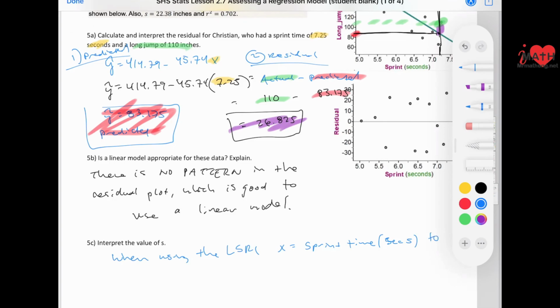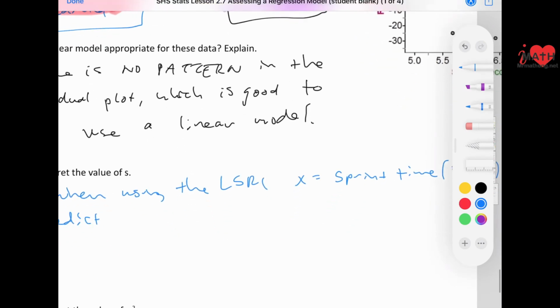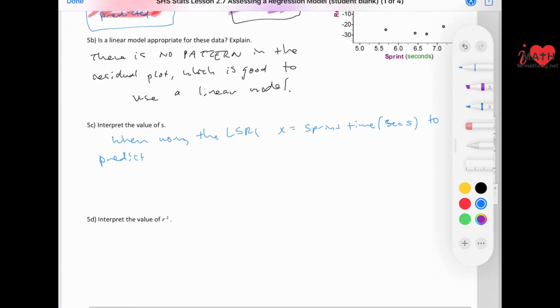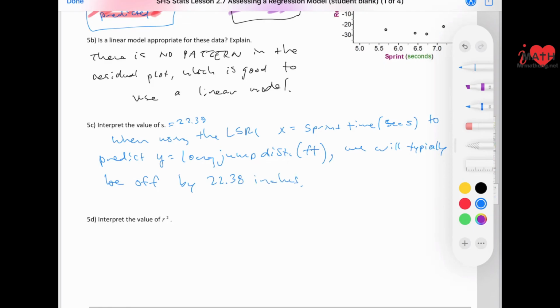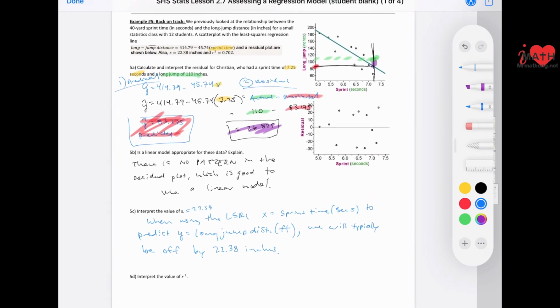To predict y, which is his long jump distance, measured in inches. How much are we going to be off by? S was what? 22.38, so we will typically be off by 22.38 inches, right? Just like we were with Superman guy over here, Christian.